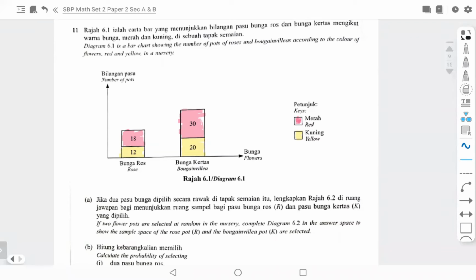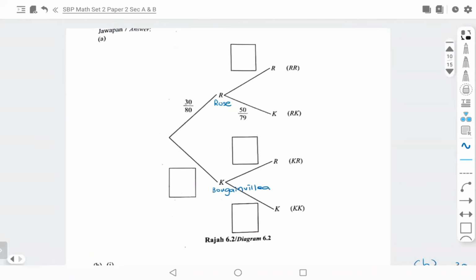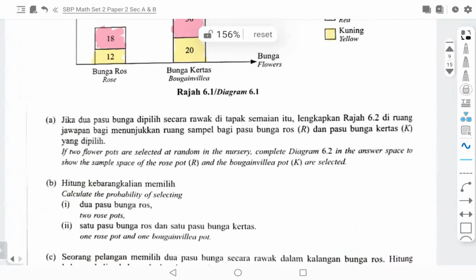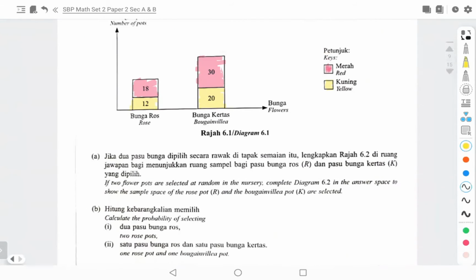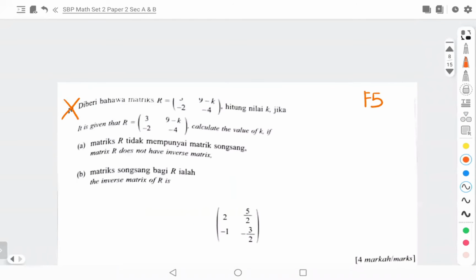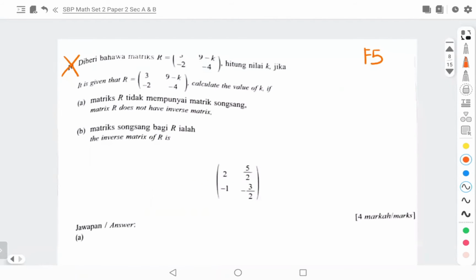you have to complete the answer space on another page here, right? Let me put it bigger first. I missed number 10. Oh, number 10 no need to do. Number 10 is Form 5.1, we just ignore it.